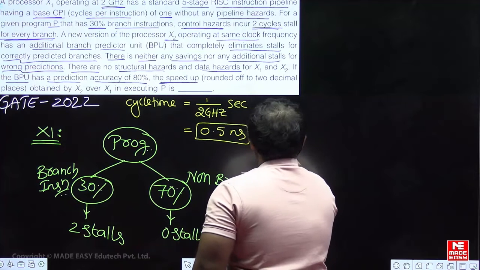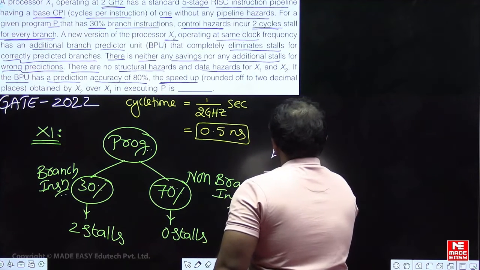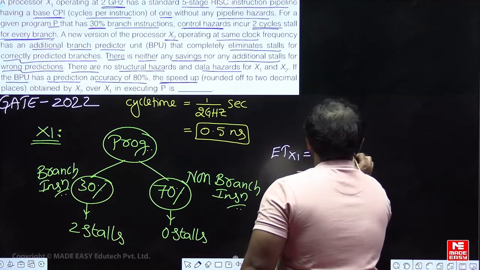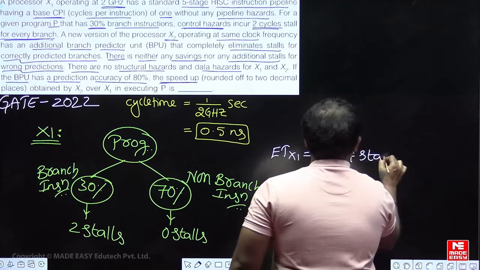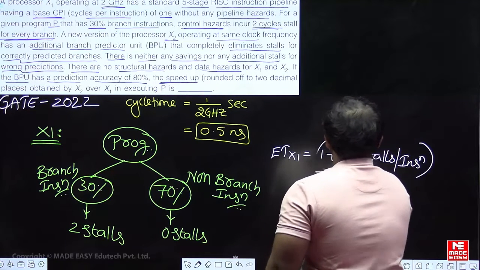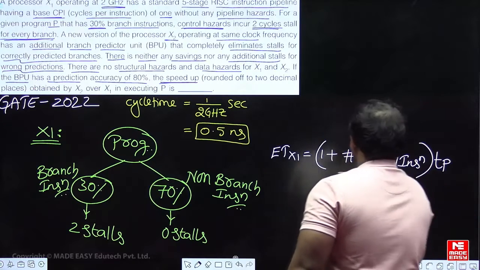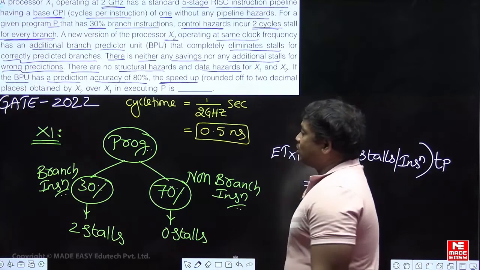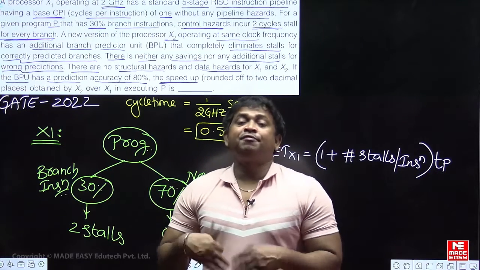Now calculate the execution time. So execution time of X1 is equal to 1 plus number of stalls per instruction, multiplied by the cycle time of the pipeline. This is a direct formula because the pipeline is a uniform delay pipeline.